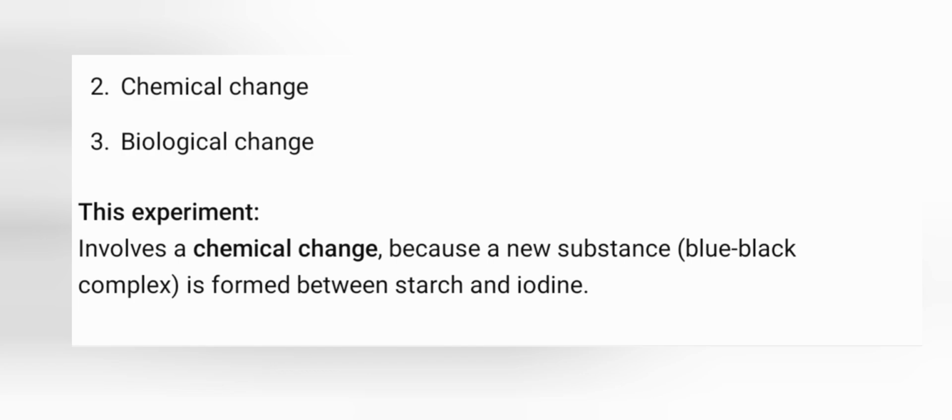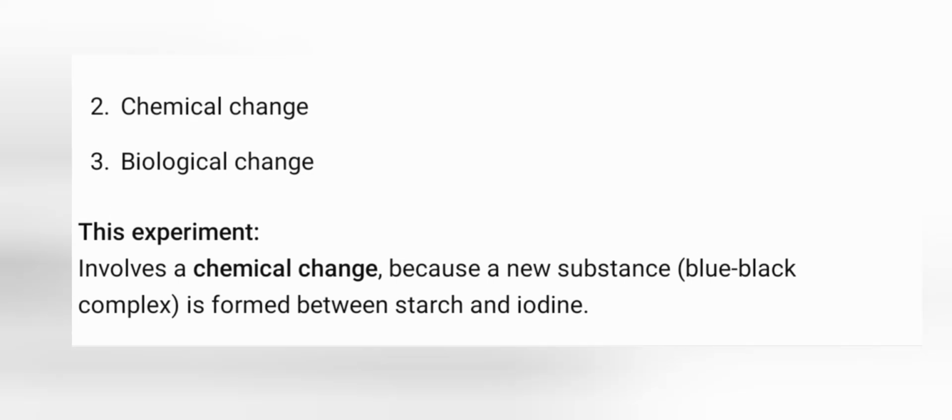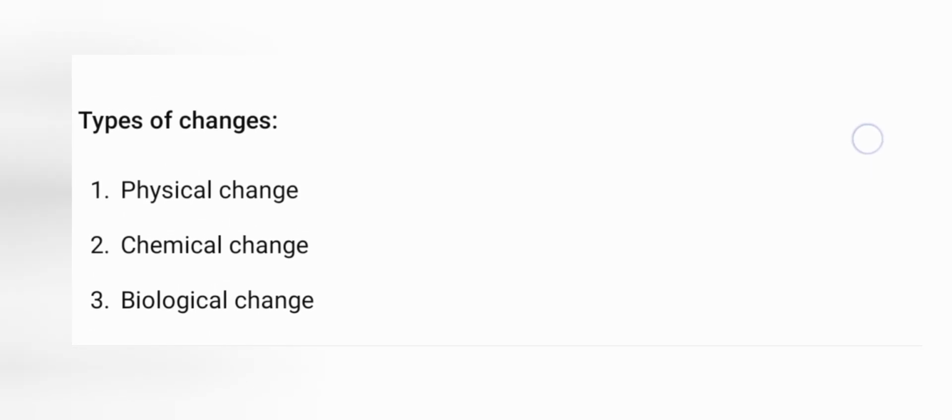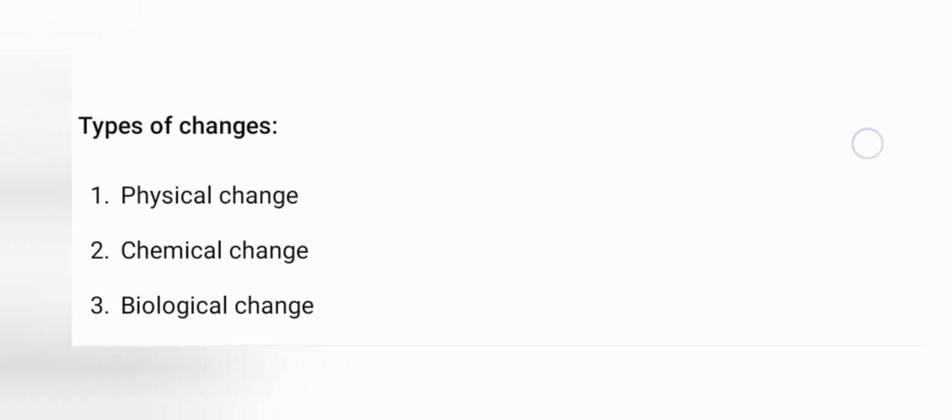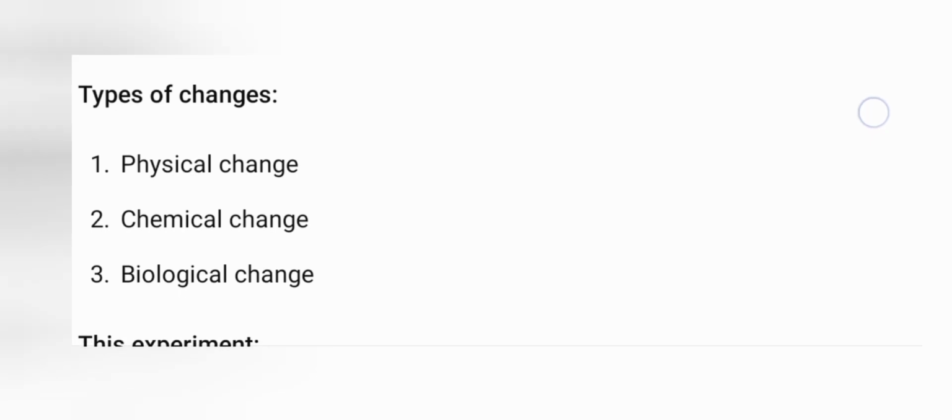So we call it chemical change, meaning we cannot reverse to the original component or the original color of the iodine solution. Once it goes, it goes; once it changes, it has changed, we can't reverse it. So we have applied chemical change as the type of change.